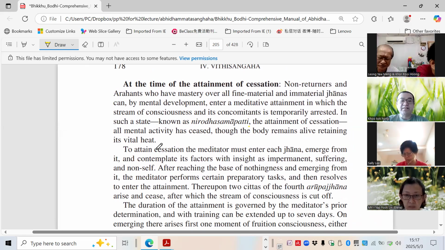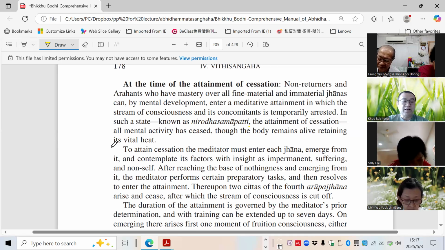At the time of the attainment of cessation, non-returners and arahants who have mastery over all fine-material and immaterial jhana can, by mental development, enter a meditative attainment in which the stream of consciousness and its concomitants is temporarily arrested. In such a state, known as Nirodha Samapatti, the attainment of cessation, all mental activity has ceased, though the body remains alive, retaining its vital heat.